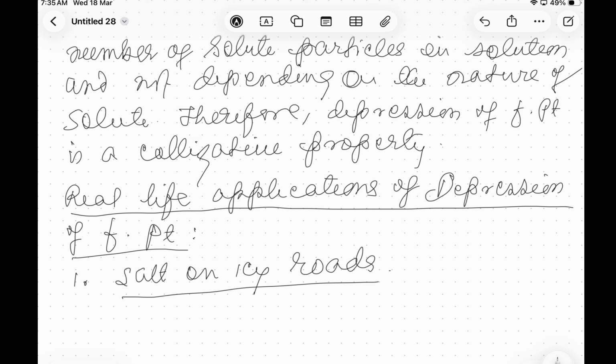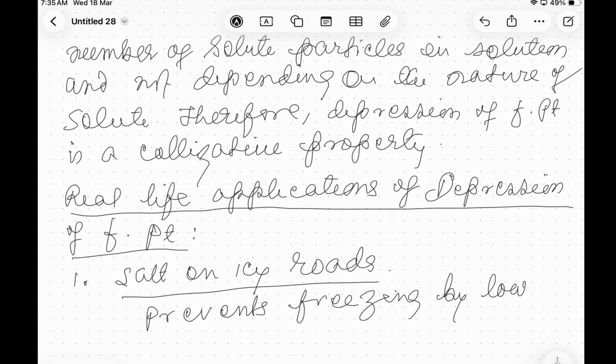This prevents freezing by lowering the freezing point.